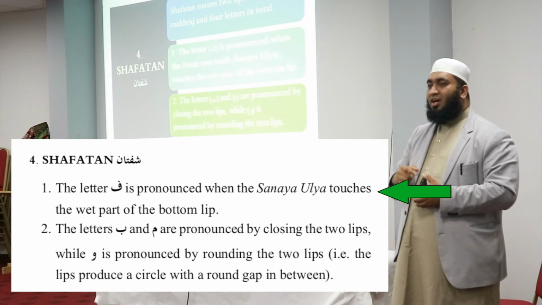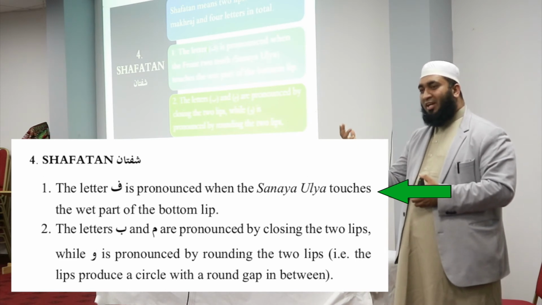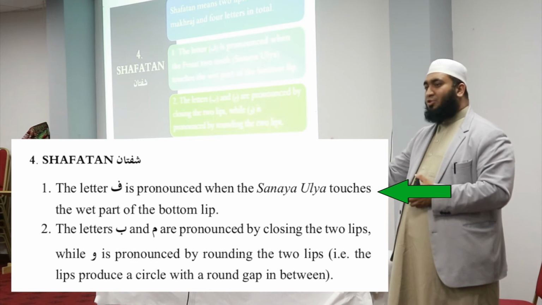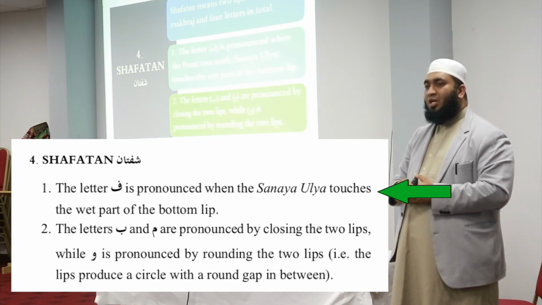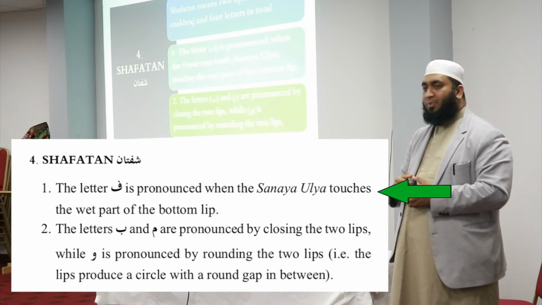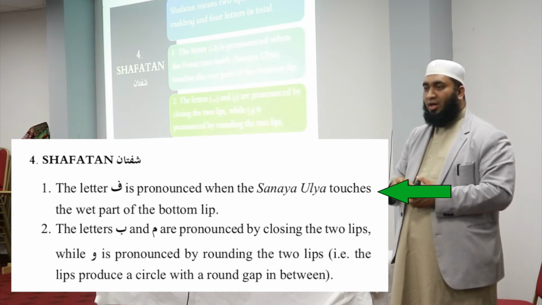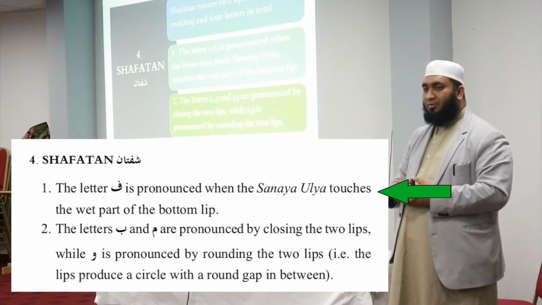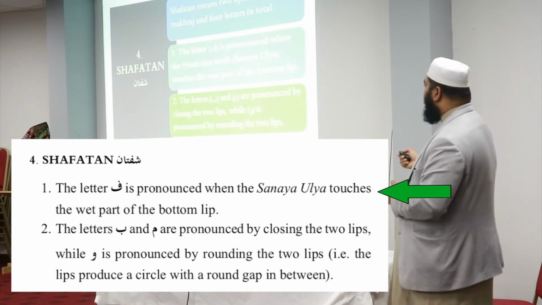When you pronounce it, remember again the method: give a sukoon on top of the letter and put Alif with fatha before it. So you can see the upper 2 teeth touching the inner side of the lower lip, the wet part of our lower lip. This is for Fa.